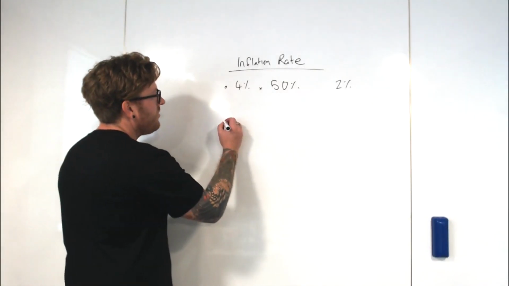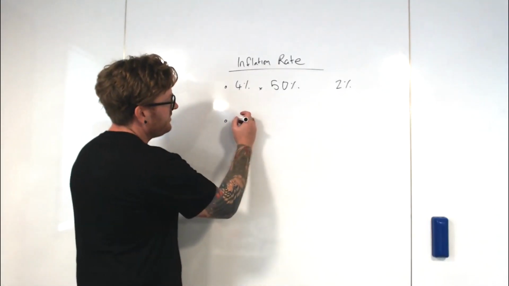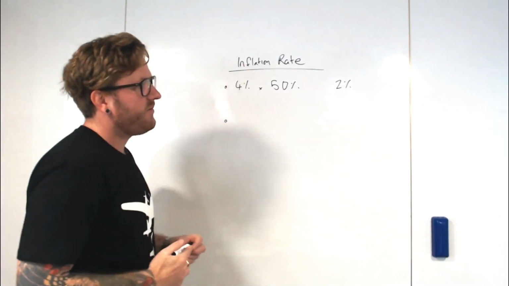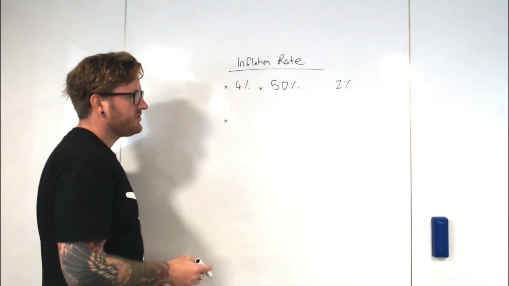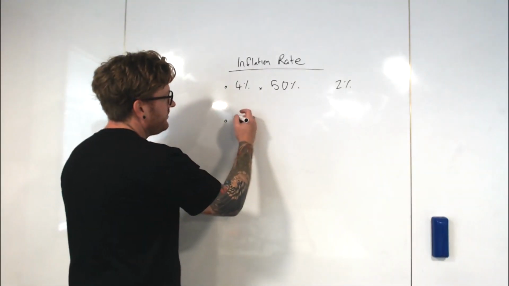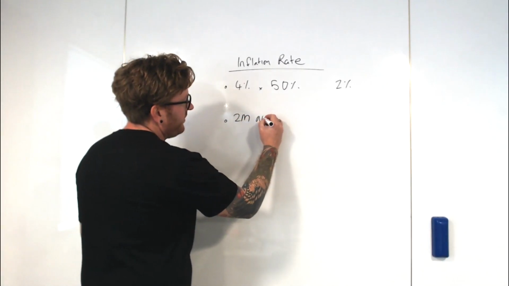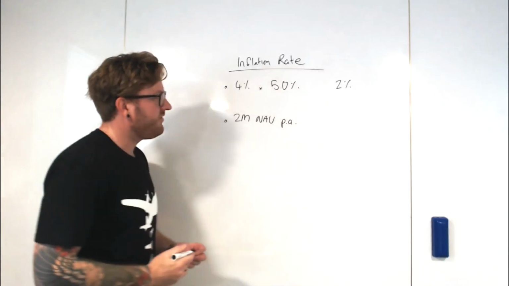In the new model, it's a static number. So roughly, we've got 1 million blocks per year. So that means we have 2 million NAV per annum generated, roughly.